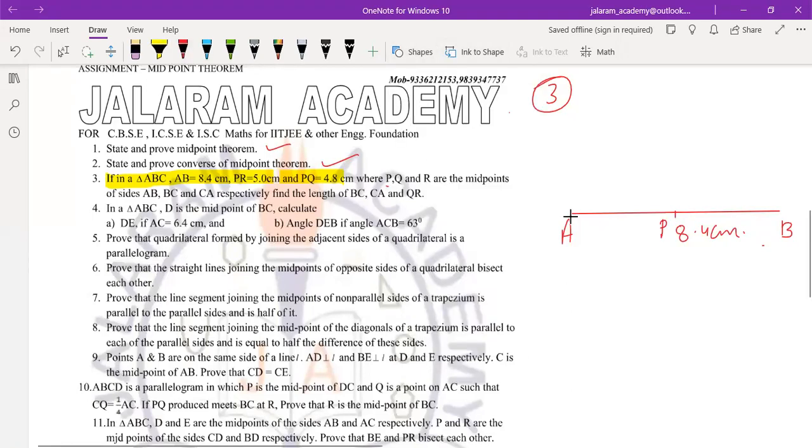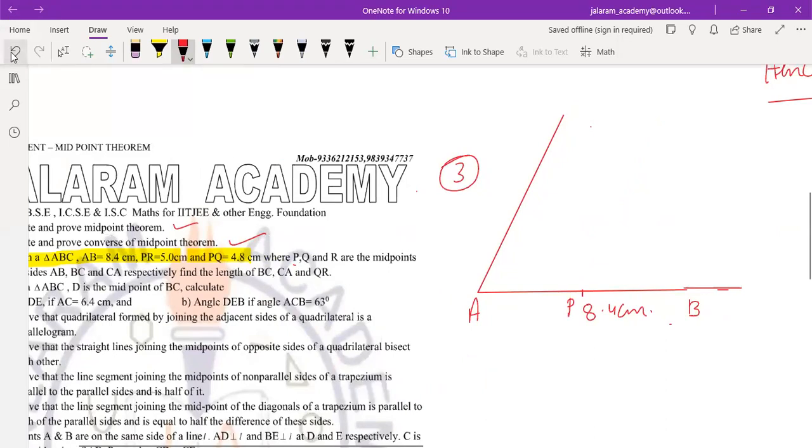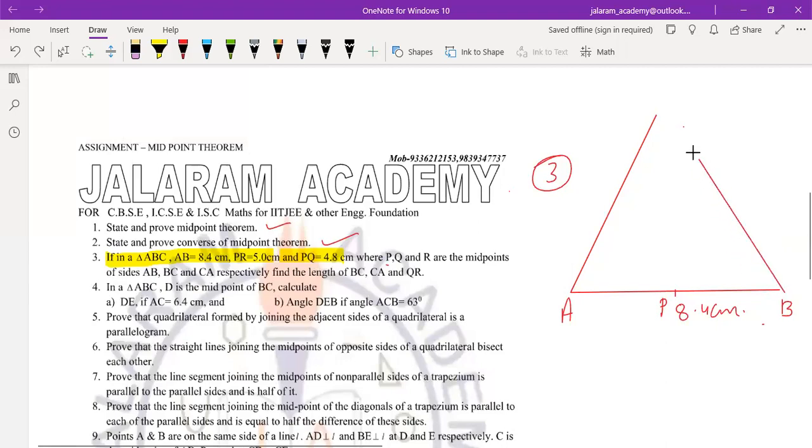And ABC is a triangle in which AB equals 8.4 centimeter, P is the midpoint of AB.